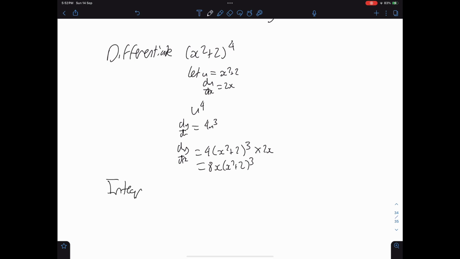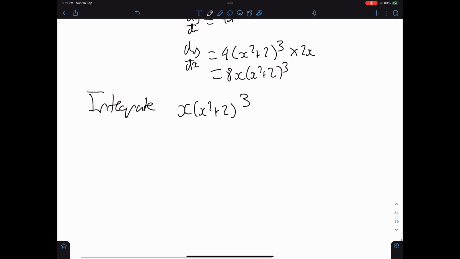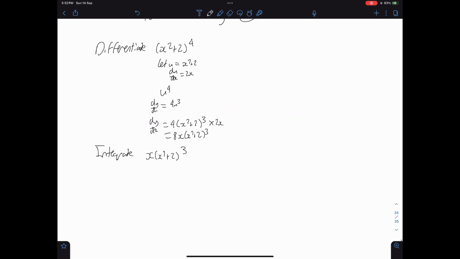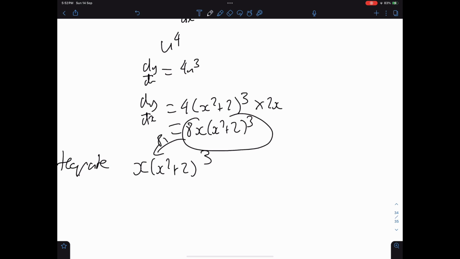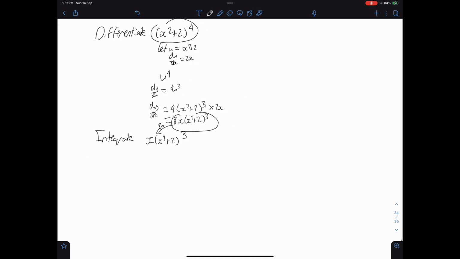And then it might tell you, okay, you've done that, now integrate 8x(x squared + 2)^3. And we can see that when we differentiated this, we got something that is now 8 times this.